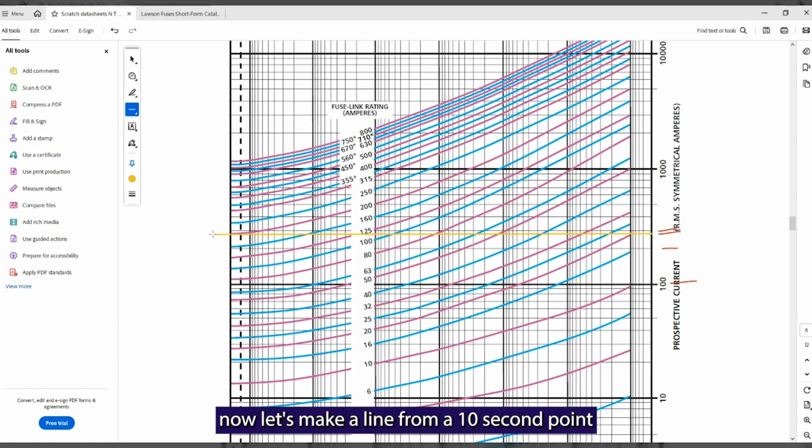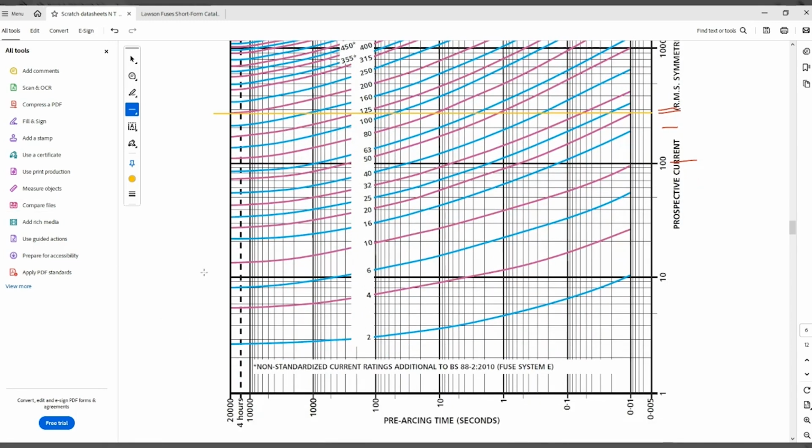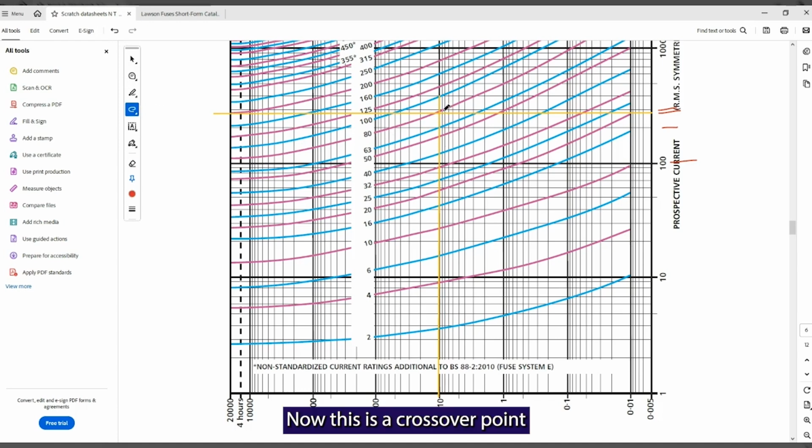Now let's make a line from a 10-second point upwards. 10 seconds is here. A line up from there is that point. Now this is a crossover point where the 2 points meet there.